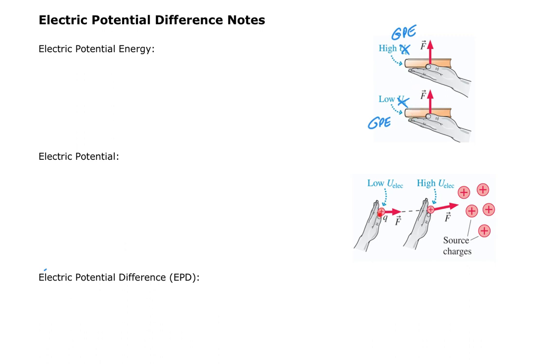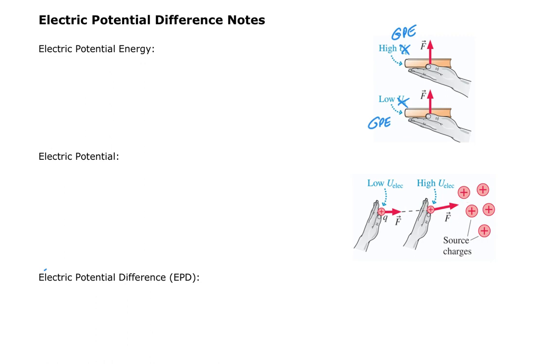So when the test charge is very far from the source charge, it has low electric potential energy. The closer we get to the source charges, the higher the electric potential energy, and all this U means is energy. So we say that we have a high electric potential energy when we're very close to the source charges.